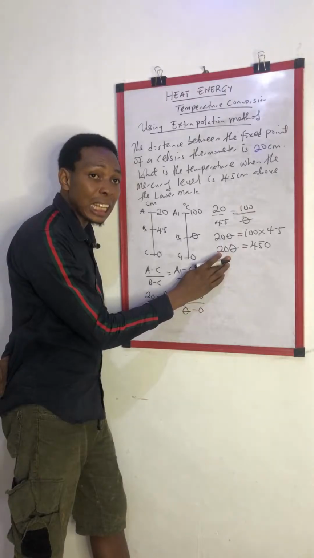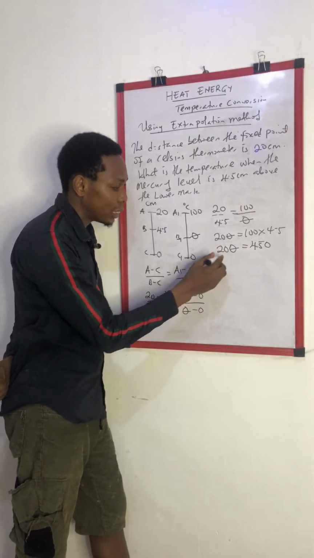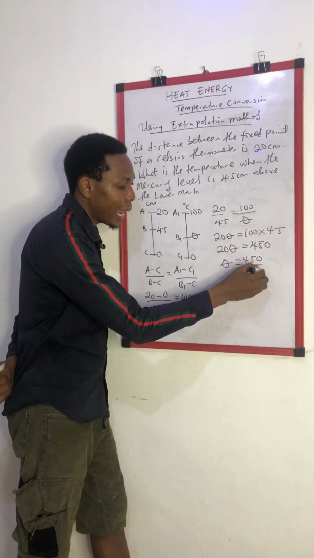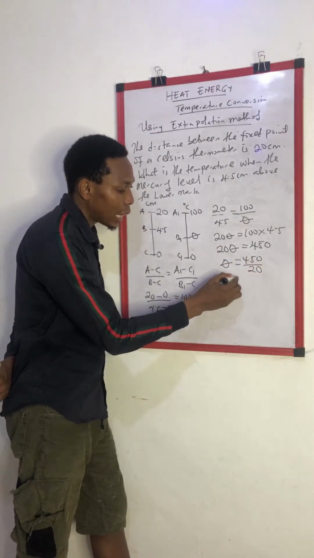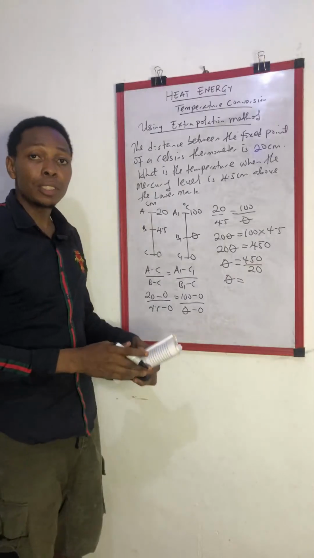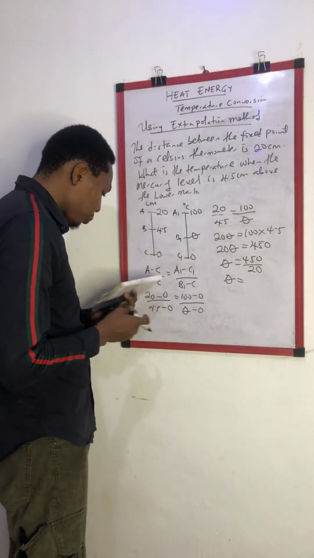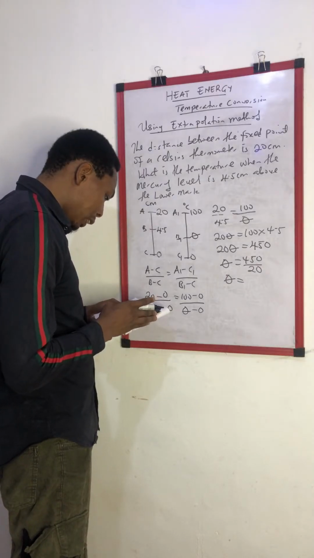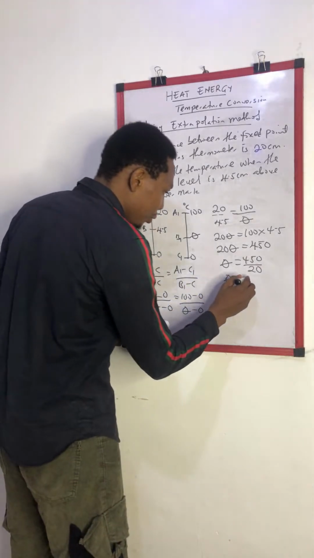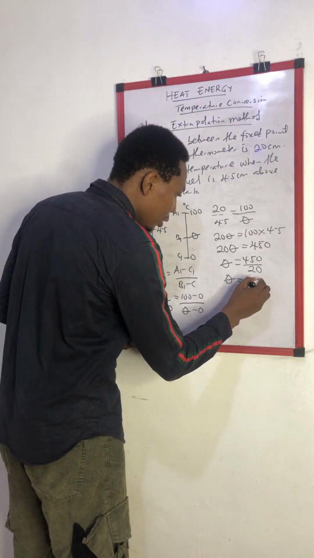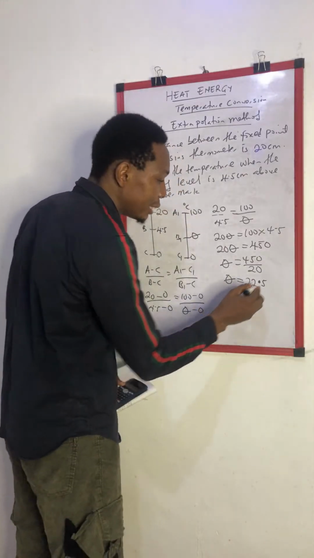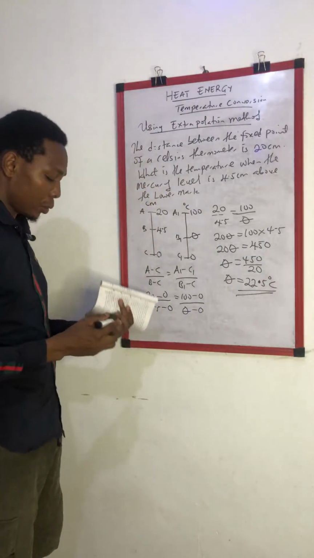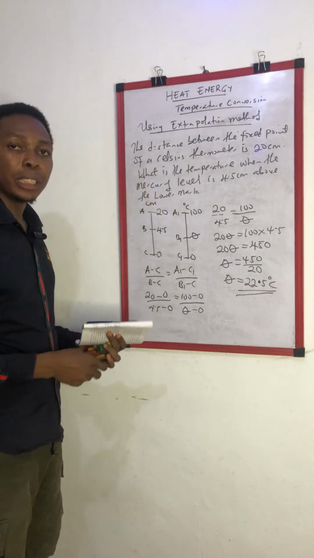So to get our theta, we divide both sides by 20. So our theta is equals to 450 divided by 20, which gives us 22.5 degrees Celsius. So that is our answer. Okay, so copy that, then move to the next one.